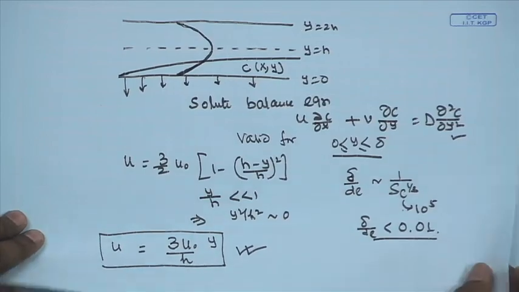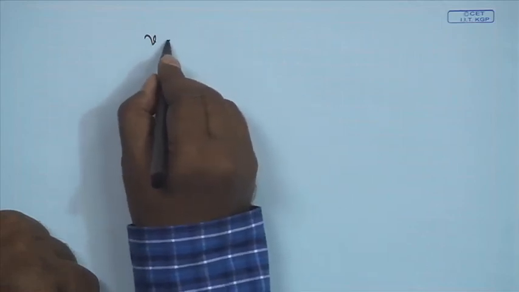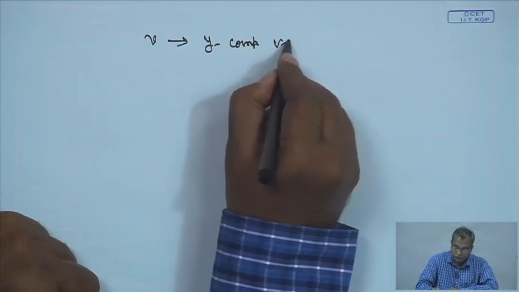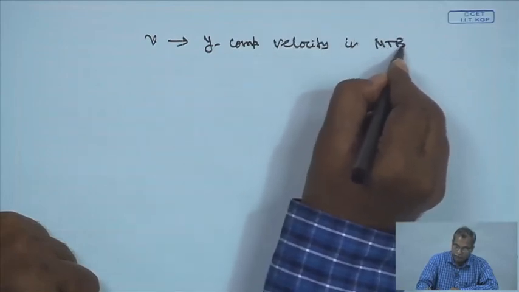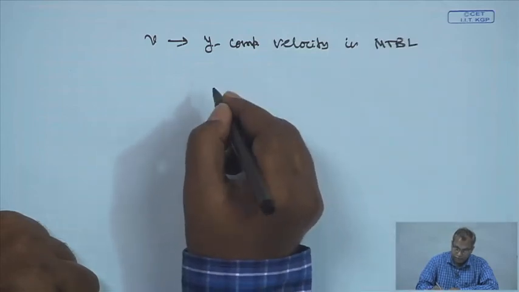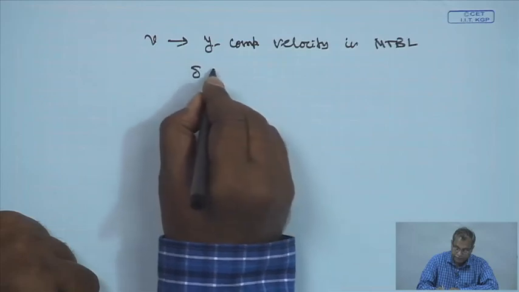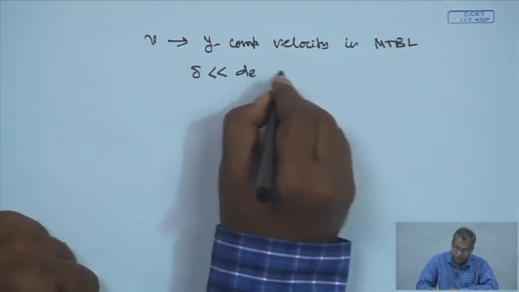Similarly, let us look at what replaces V. V is the y component velocity in the mass transfer boundary layer, and we have already found that delta is much less than the effective diameter or channel half height.